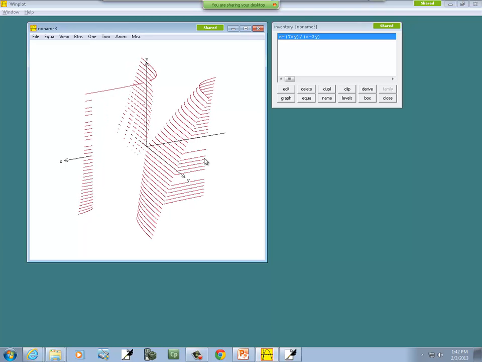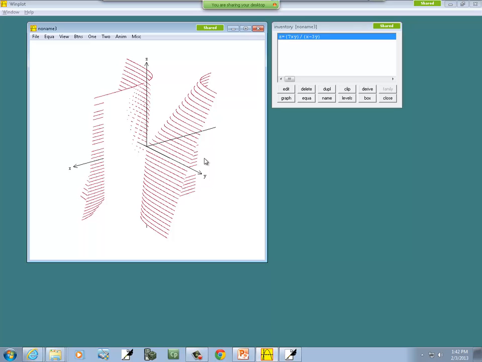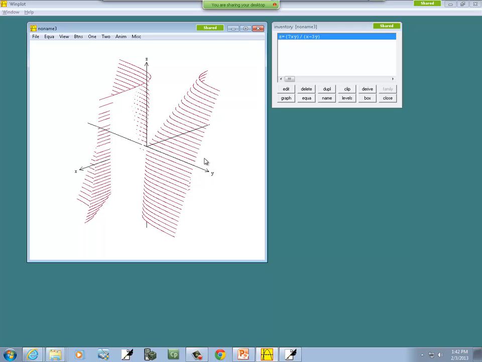And try to rotate it here. And it's thinking. Well, anyway, you see how this kind of curves in like this, and then over here curves like this? If I could rotate it, I could show you that it doesn't exist at x equals 0 and y equals 0.